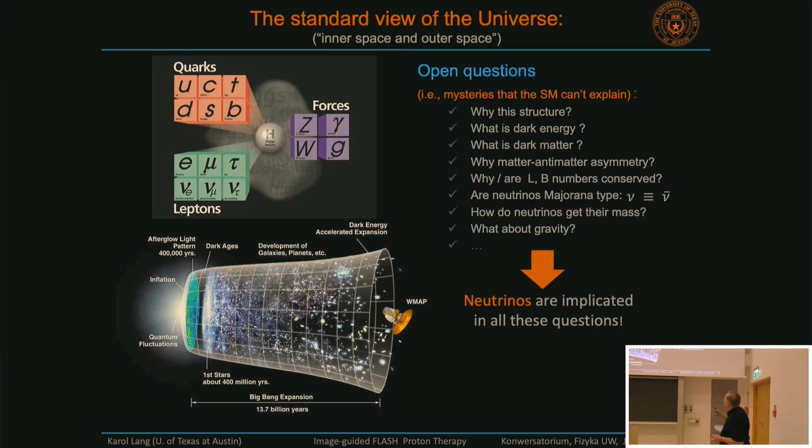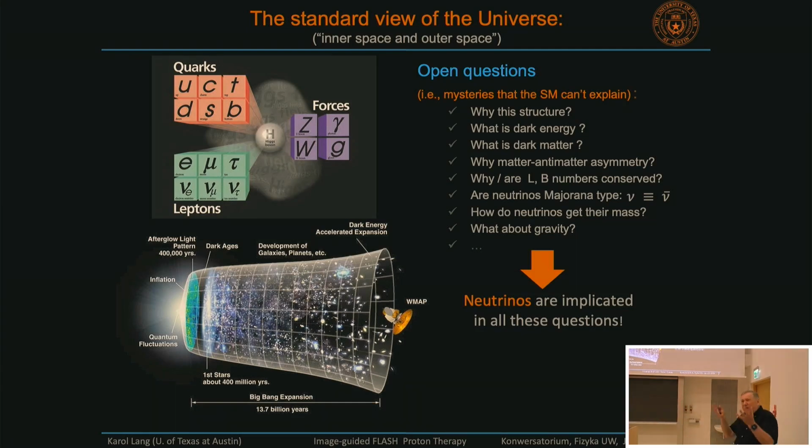Now, we have answered many questions and solved many puzzles, and at the same time, we discovered new, maybe even more fundamental questions and puzzles, which are listed here. I'm not going to go through them because everybody knows them, and those of you who do not know, that would be too cryptic anyway. You can always ask me after the talk.